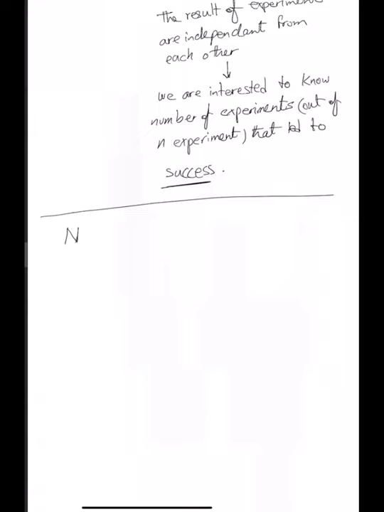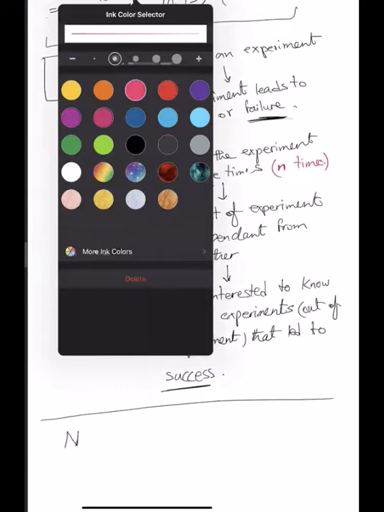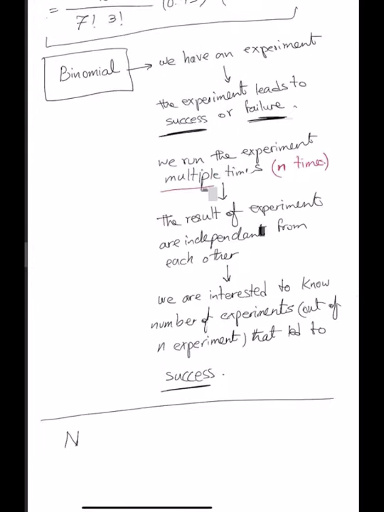I know the experiment is checking the medical record. I know the possible outcomes. Let's see which part of this we have. The experiment is checking the medical record. The first one is checked. These experiments lead to success or failure: the medical record is correct or not. We run the experiment n times.